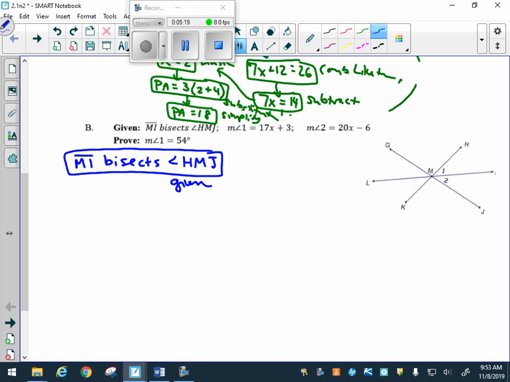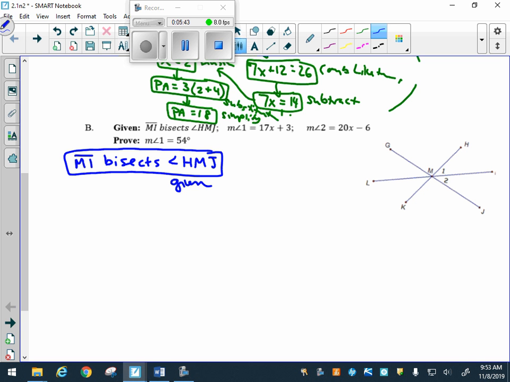Now, like I said, the first thing you want to do is mark your diagram and label your diagram. Those are two different things. Marking the diagram is marking it with congruence marks for either angles or segments, right angle symbols, parallel lines, whatever it is that you can mark in your diagram, you should mark.